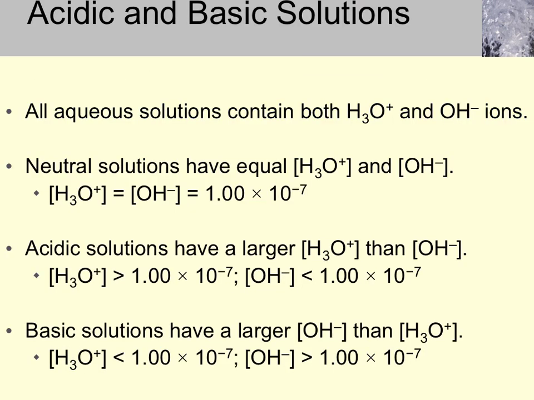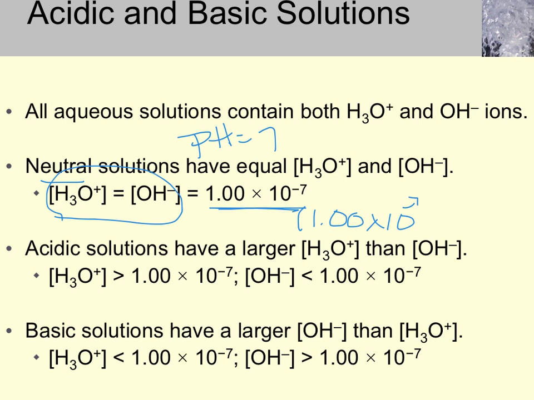So just as an overview of this Kw relationship, in neutral water, and I think you know that the pH is 7 for neutral, the concentrations of hydronium and hydroxide ions are equal to one another, and they're both 1 times 10 to the minus 7, because what is 1 times 10 to the minus 7 times 1 times 10 to the minus 7?